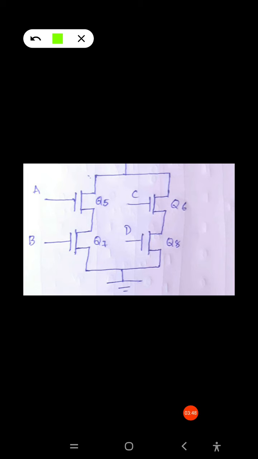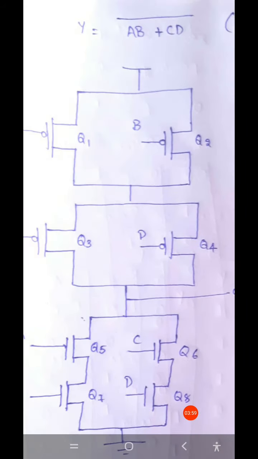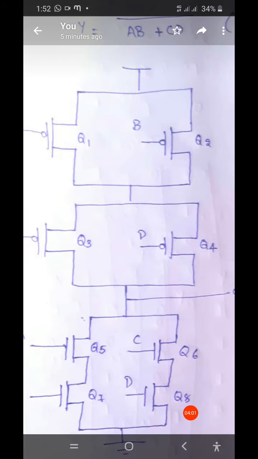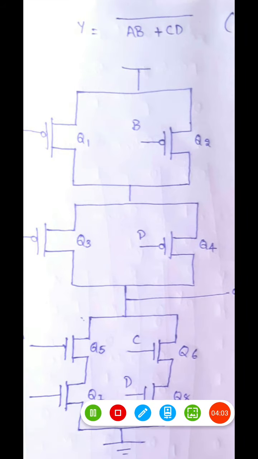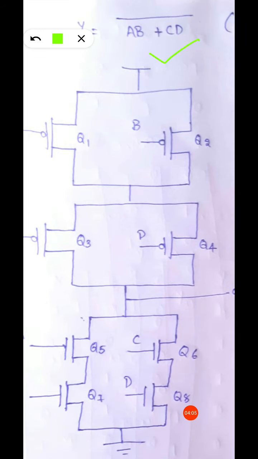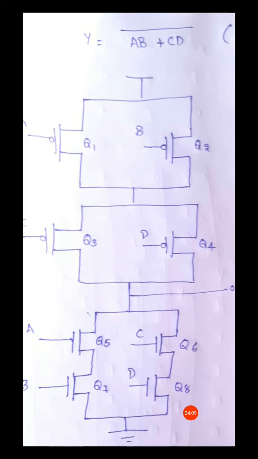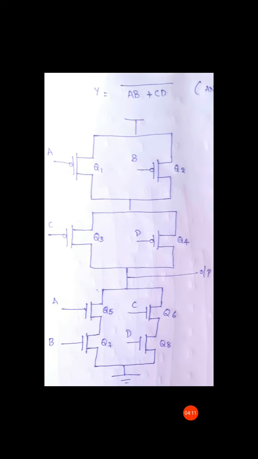As you already know, there is a pull up network and a pull down network. In the pull up network, we connect the PMOS transistors, and the NMOS transistors are in the pull down network. This is the total figure of the AND-OR-invert logic for the given expression Y equal to (AB plus CD) whole bar.